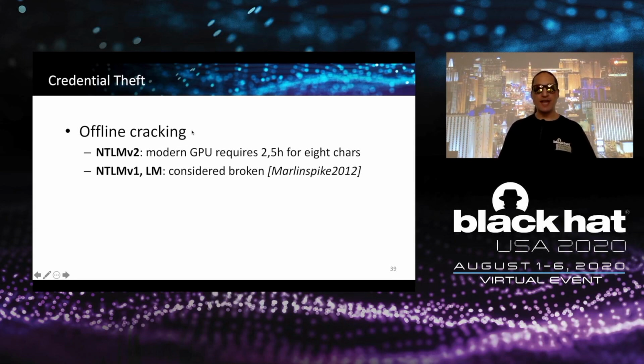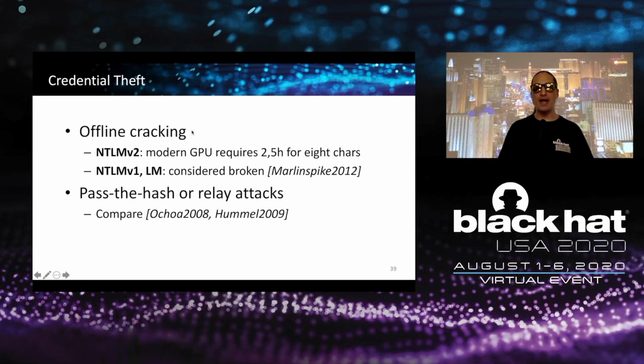Or you can also use NTLM hashes to perform relay attacks and authenticate under the user's identity, as shown by Ochoa and Hamo. Of course, it's up to the configuration of the victim's setup, like password strength and security policy, if such attacks are actually feasible.